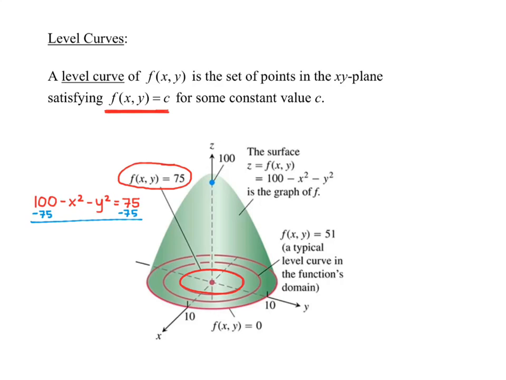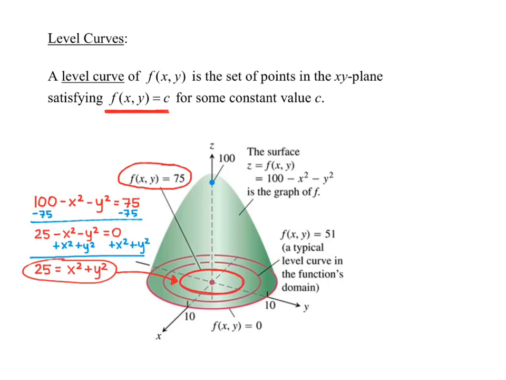So I'm going to subtract the 75 from both sides, and then add the x squared and the y squared to both sides. So I end up with 25 equals x squared plus y squared, which we know is a circle of radius 5. And that's how we get that level curve, which is the circle inside of the other circles.